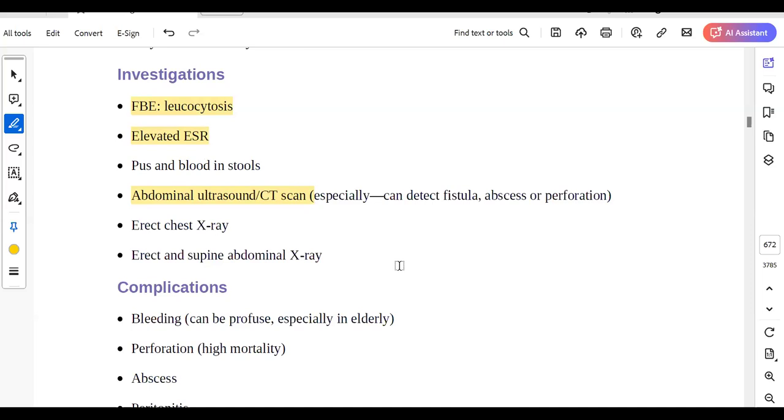So if they give you features of acute diverticulitis and ask what is the next most appropriate investigation, CT abdomen will be your most important investigation that can confirm the diagnosis. Along with the CT, you can do some other blood tests.